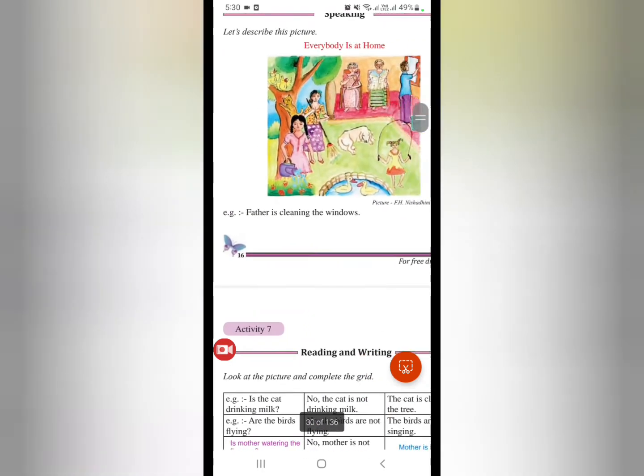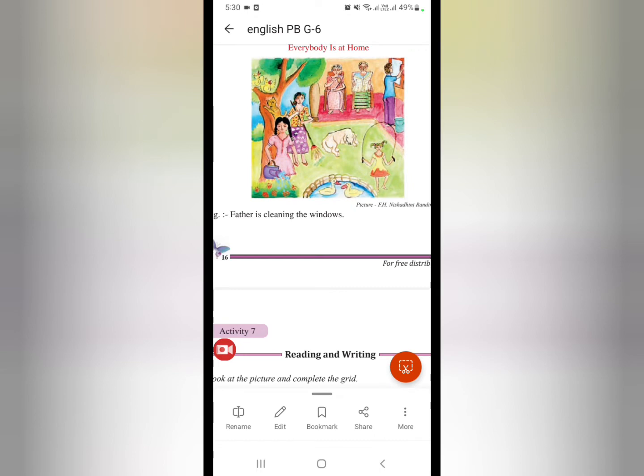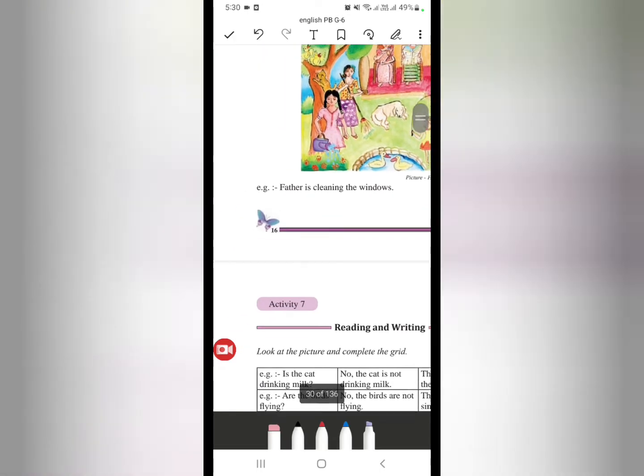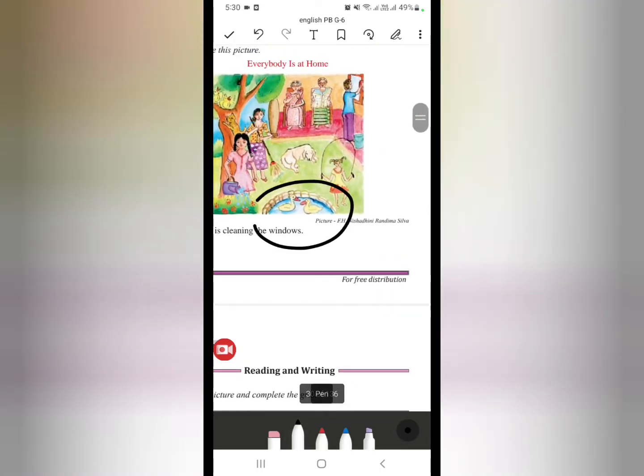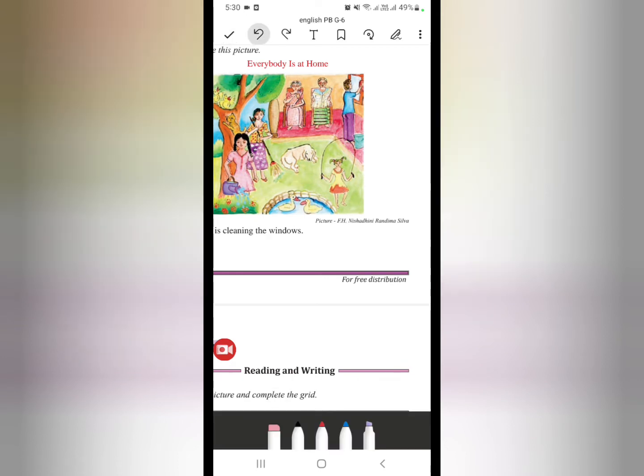Are the ducks eating? Can you see ducks in this picture? Yes, I can see two ducks in this picture which are swimming in the pool. Now we'll answer that question.